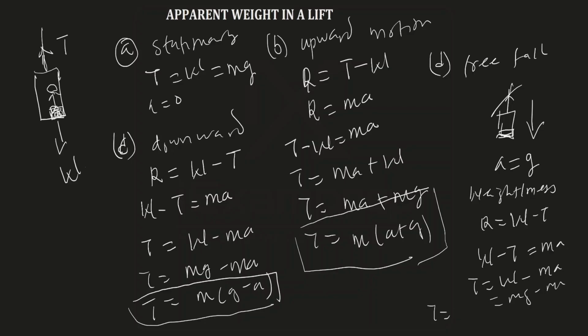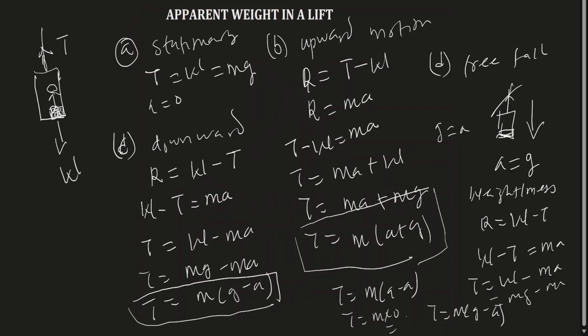Then we have T equal to m into (g minus a). Now, because g is equal to a, we can write it as T is equal to m into (a minus a) because they are equal. Then a minus a is 0. Tension then becomes mass times 0, which is equal to 0 Newton. So when you have a lift coming down and it's falling under gravity, you are going to experience weightlessness, and then the tension in the string is equal to 0 Newton.